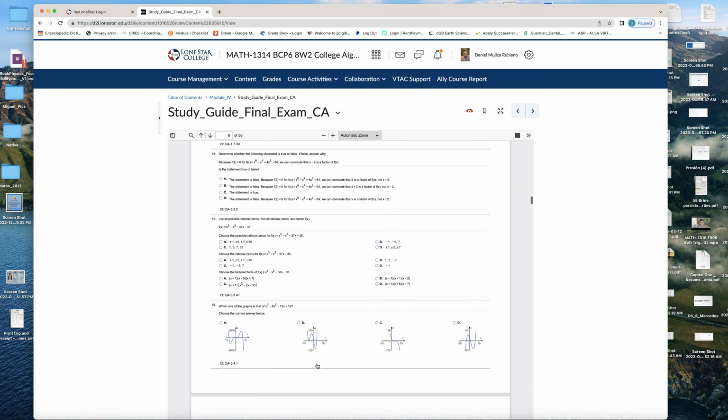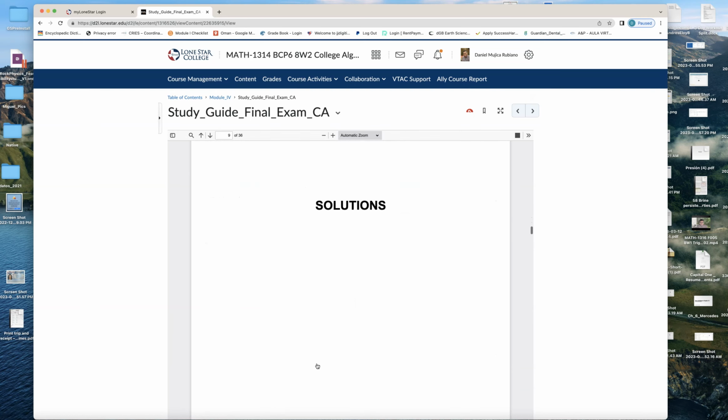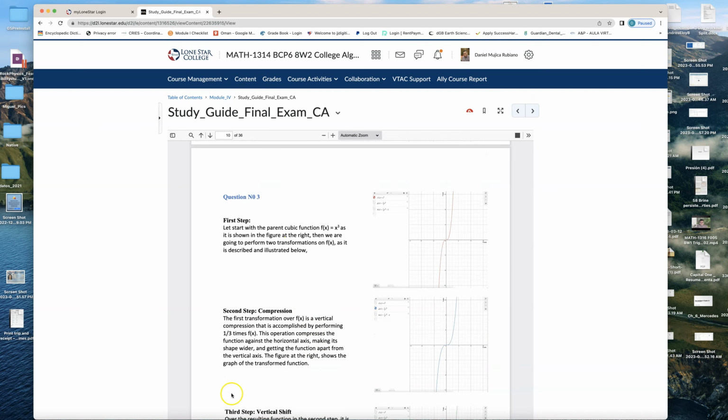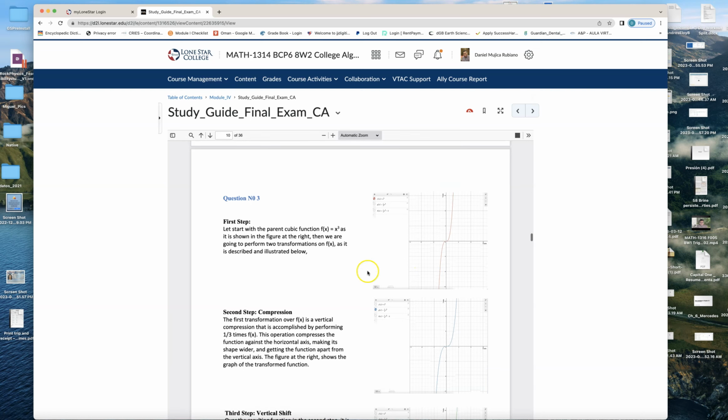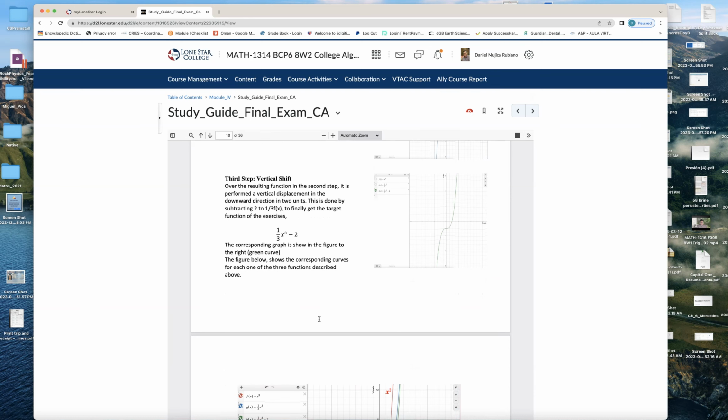But in this document, you will find the solutions with all the breakdown of how I approach each exercise in that questionnaire. So you have all the details. This is a very good material. I strongly suggest you review this in detail.